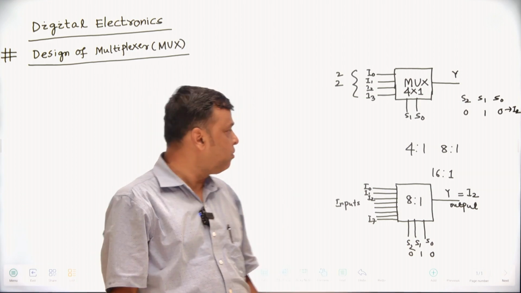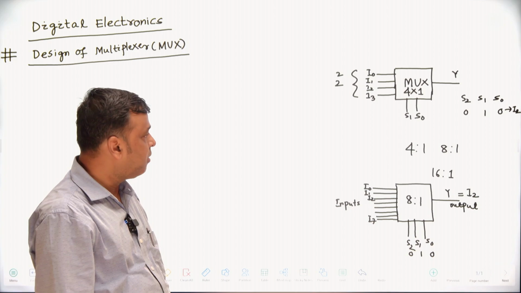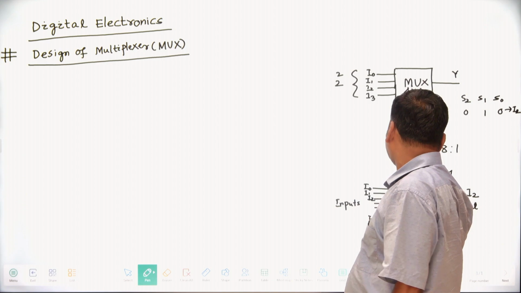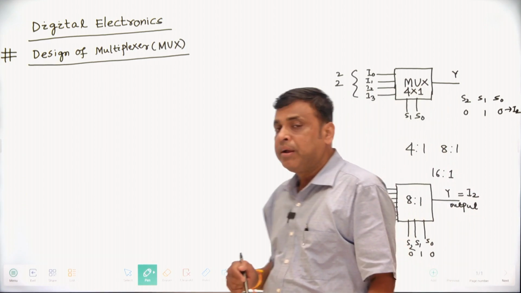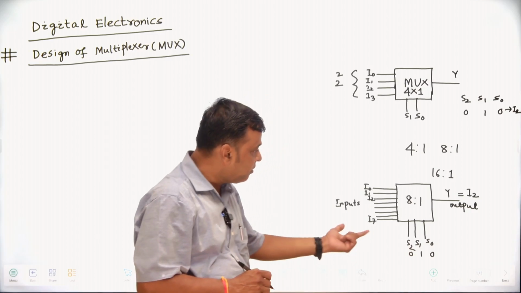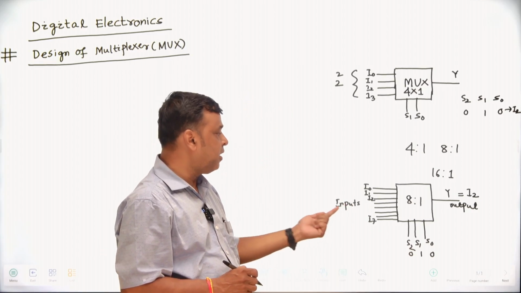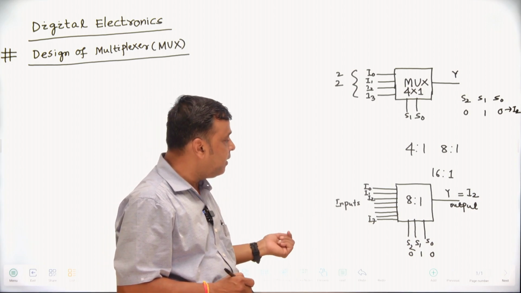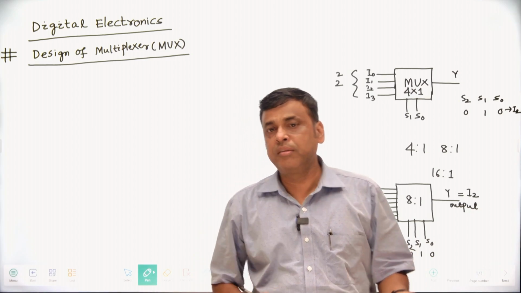So this is all about the basic principle of multiplexer. Already I told you in your previous class. There may be a 16:1 MUX. If it is a 16:1 MUX, the number of selector lines will be 4: S0, S1, S2, S3, or you may write A, B, C, D, or X, Y, Z, W, like this.